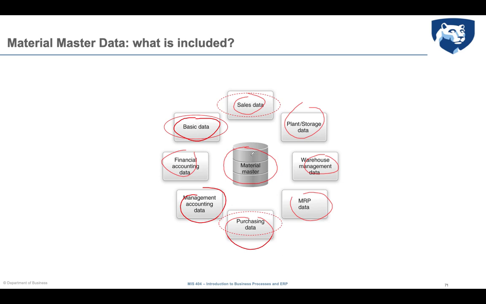So the material master includes several types of tabs and data, but only some of them are visible to actors in the process, according to the type of process that is asking for information about this material master data.